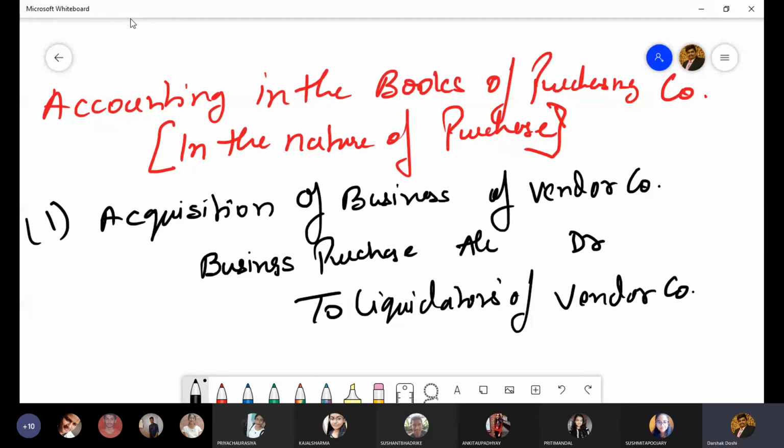Now, what to pay, what we are going to receive, those things will come later on. So first, in general, an entry is passed, that is, a business purchase is done. So business purchase account debit to liquidators of vendor company, and this entry is passed at the amount of purchase consideration. Please copy this down, then we will go ahead.